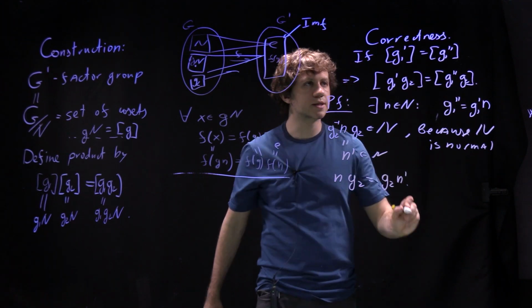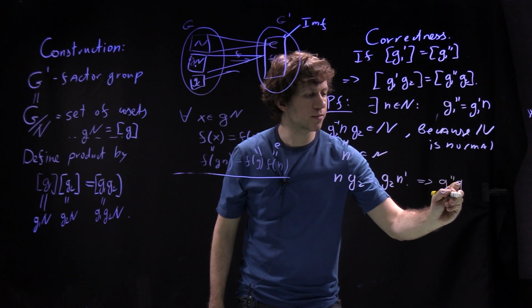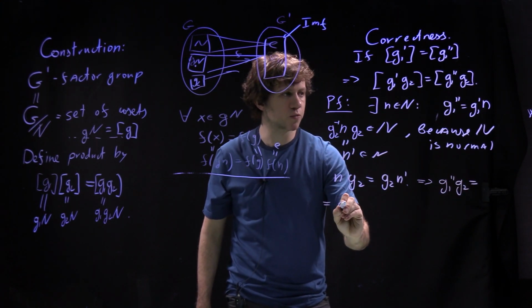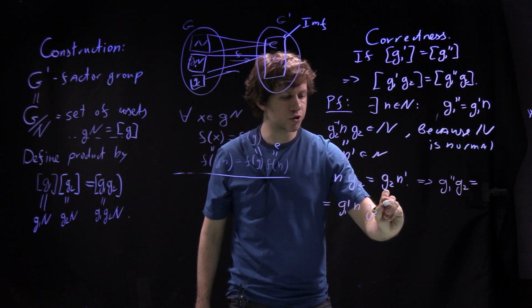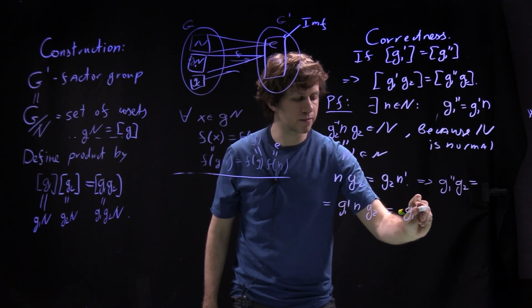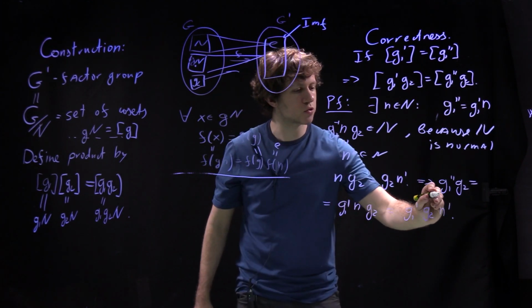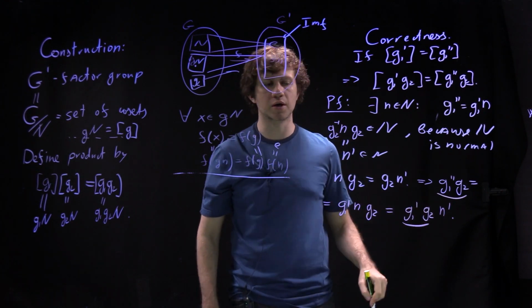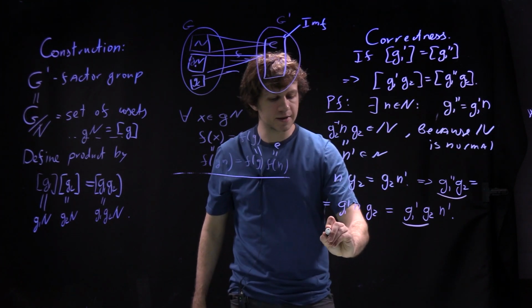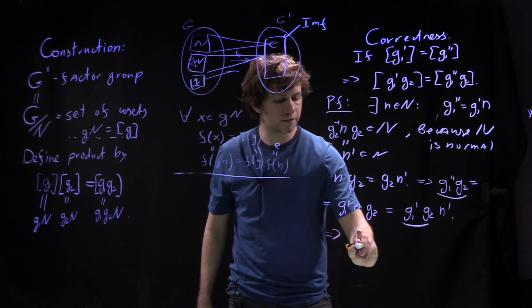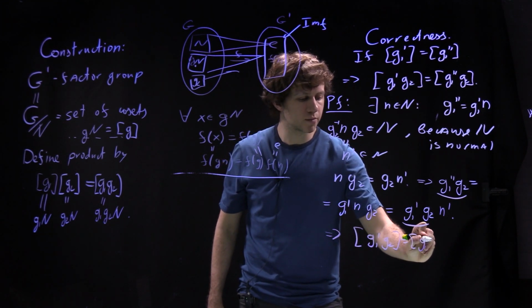But then we can easily see that g1 double prime g2 equals g1 prime n g2, and n g2 is g2 n prime, which equals g1 prime g2 n prime. So these two elements are in the same coset, because if you take this inverse times this, you get n prime in N. And the class of g1 prime g2 equals the class of g1 double prime g2.